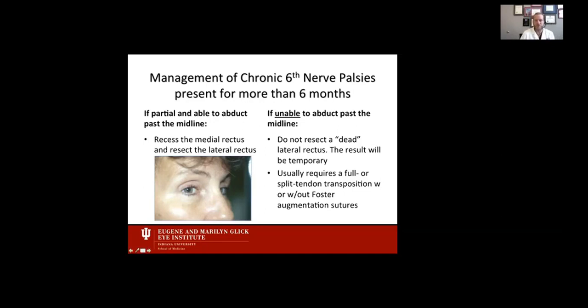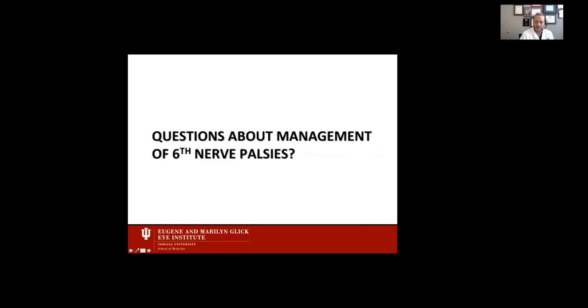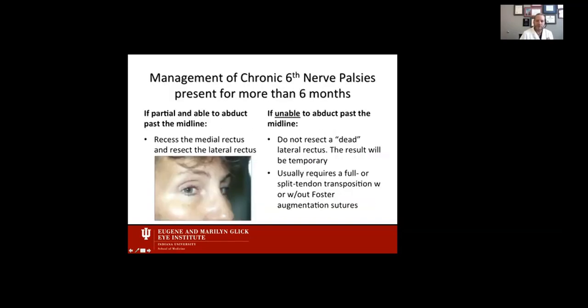Now, what do you do with 6 nerve palsies? Well, if they're mild, you can simply, like this one, she's able to abduct, not quite fully, but she gets up pretty far. You can simply treat them like you normally would and do a recess-resect procedure. However, if they have a complete 6 nerve palsy and they cannot abduct past the midline, well, it really doesn't get you much anywhere to resect a dead lateral rectus.